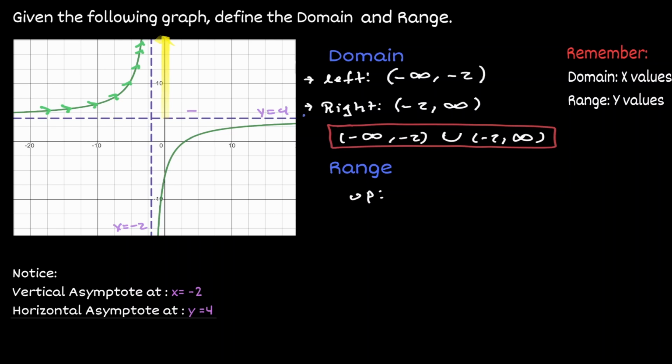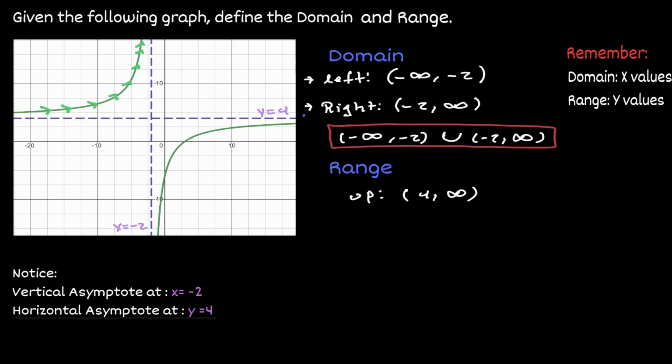So within this section, notice that the lowest y value is 4, and the highest y value is positive infinity. So within this region, we can represent it as the left-hand side behavior as +4 and the right-hand side behavior as infinity. But notice that we are not including the value of +4 because it is an asymptote.